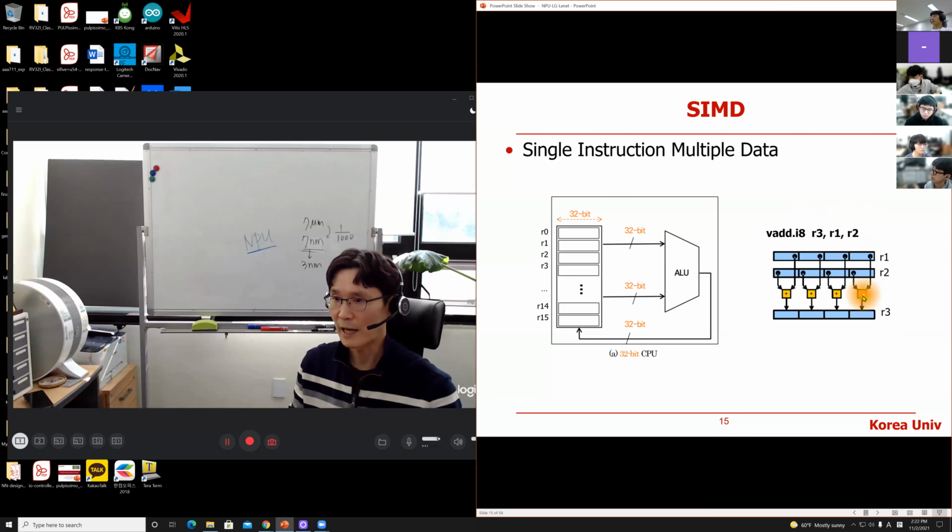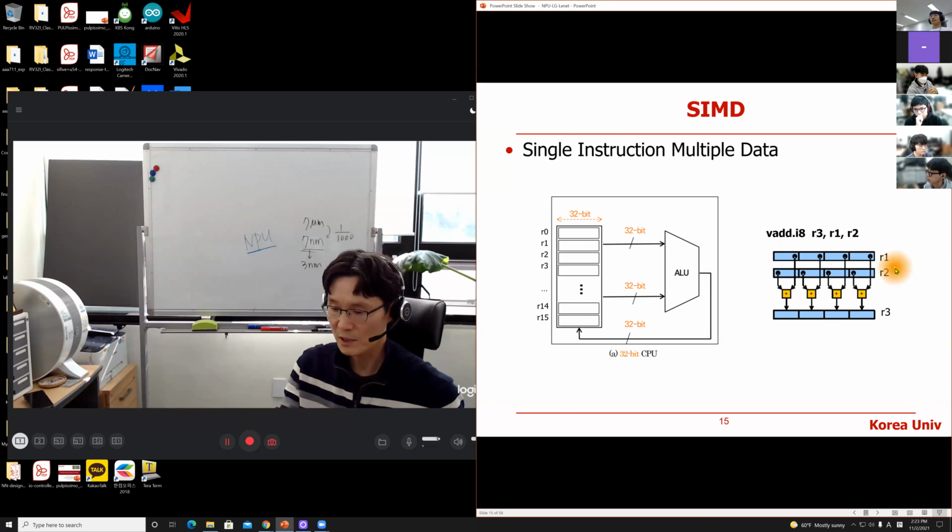So this adder is taking the first byte from R1, the first byte from R2, and gives you output, right? 4 different adders, taking 8 bits each, 1 byte each. So single instruction, multiple data, right? You run a single instruction, but you are able to process multiple data. In this case, 4 data, right? SIMD.